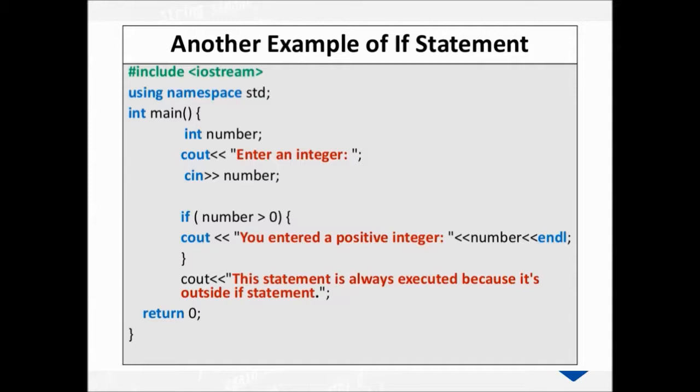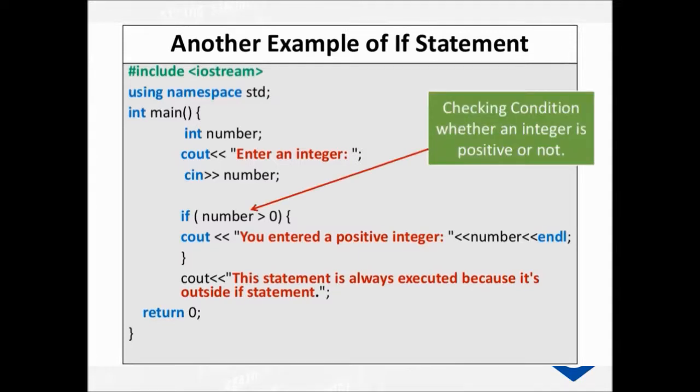Otherwise, it bypasses this statement and shows on the screen this statement, which is also executed because it is outside the if statement. Example: checking whether an integer is positive or not.